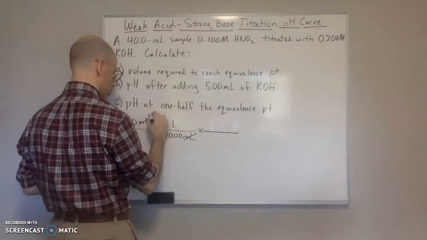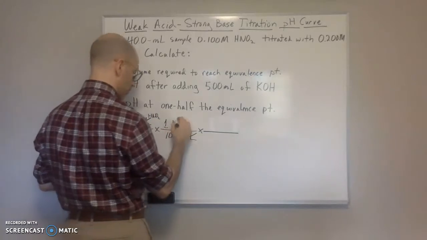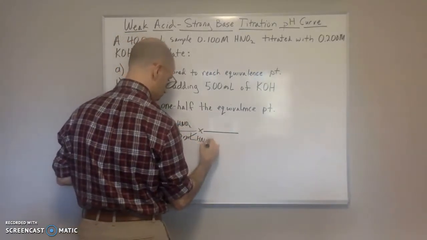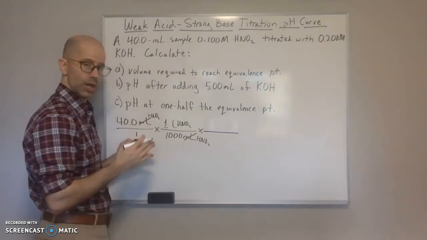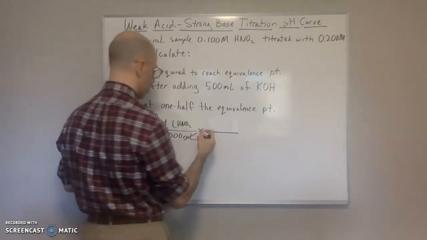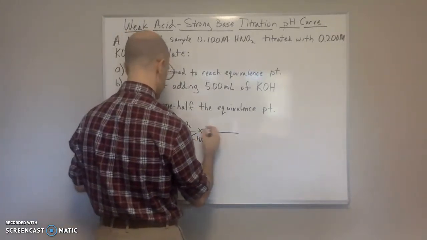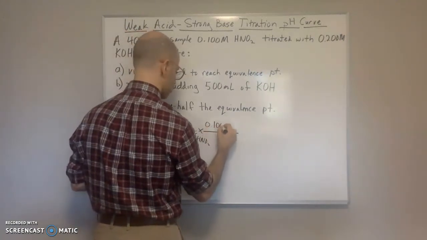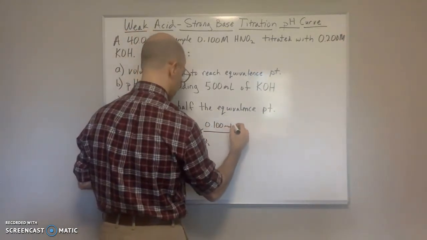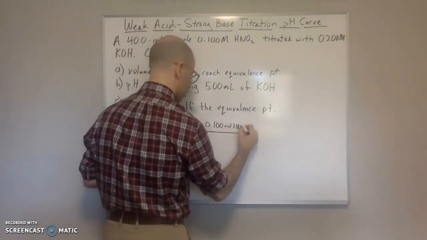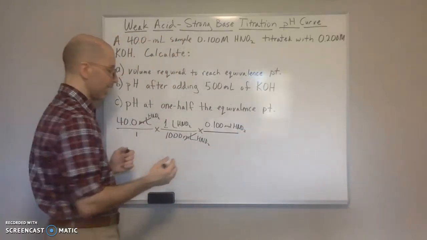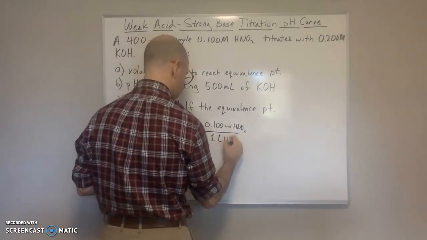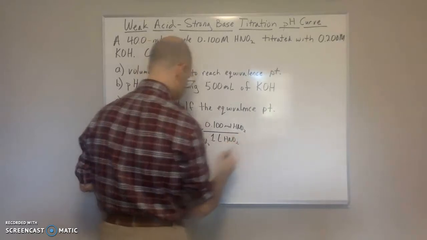So this is HNO2, so that way we know what we're talking about. We don't lose track of our substance. And so here the molarity is going to be 0.100 moles of HNO2, and it's going to be 1 liter of HNO2 solution.